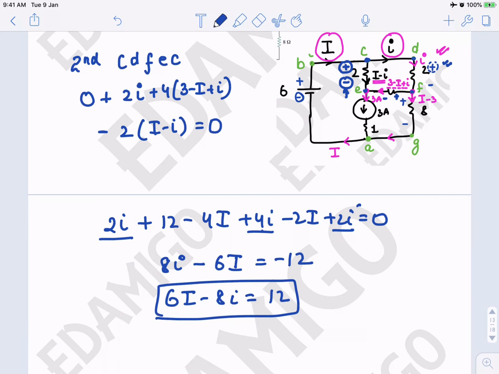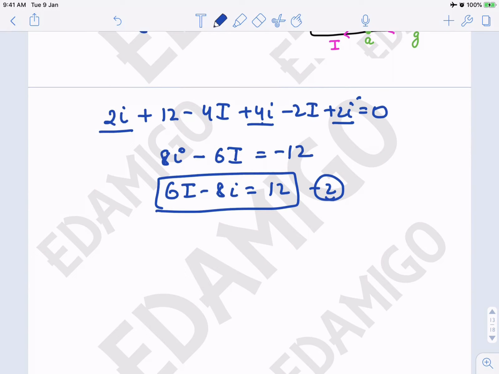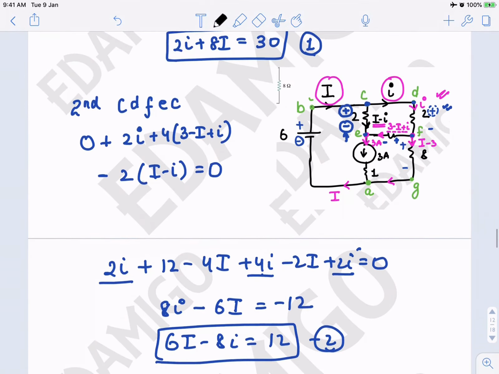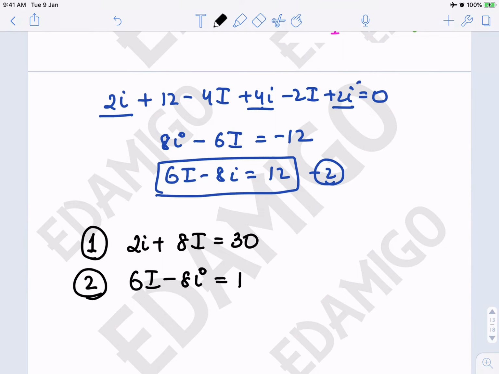So this is equation number 2. Let me write both the equations together. Equation number 1 is 2I plus 8i equals to 30, and the second equation is 6I minus 8i is equals to 12.